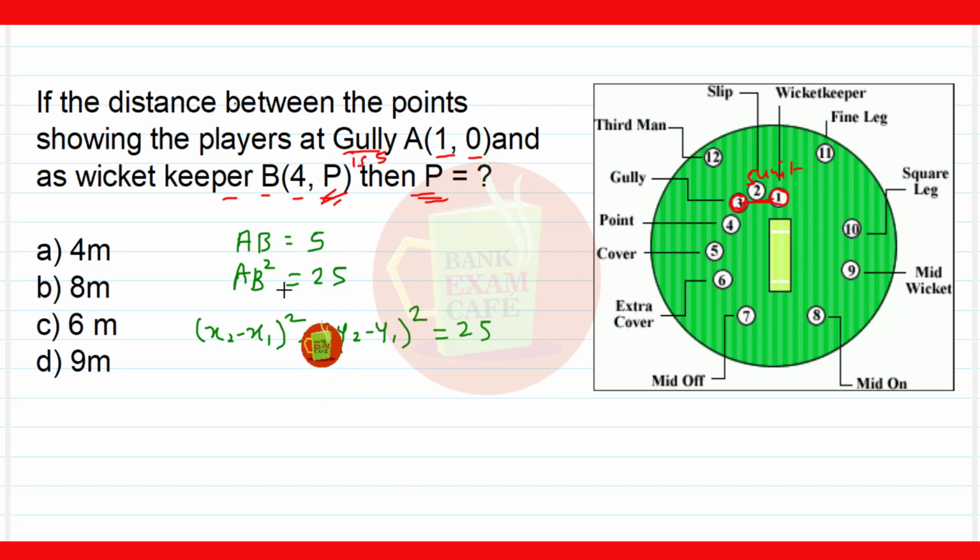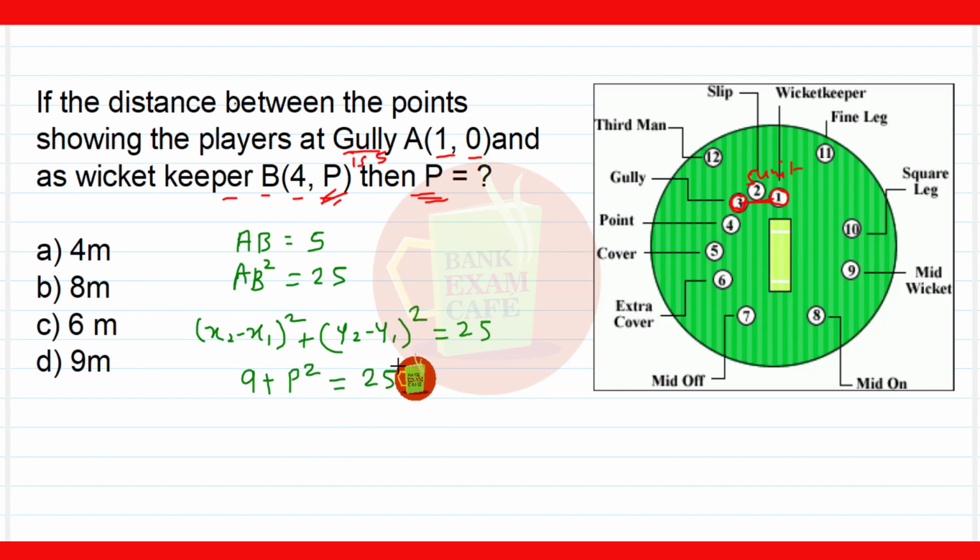Now x2 minus x1, so this is x1 y1 and this is x2 y2, then it will be 4 minus 1 and its square, so 4 minus 1 will be 3 and 3 square will be 9, plus y2 minus y1, that is p minus 0 will be p and its square will be p square, which is equal to 25.